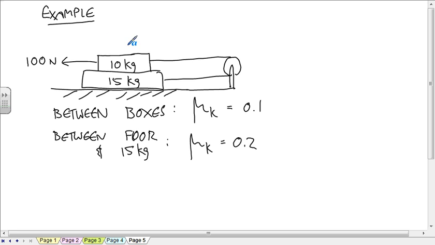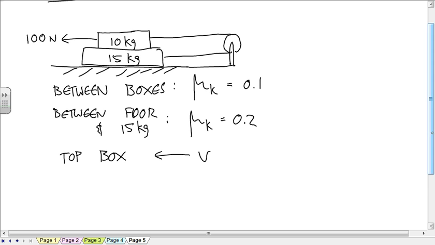And let's say that the top box has a velocity that's going to the left. Okay, so the top box is moving to the left. One thing that you're going to need to do this is recognize the relationship between motions, and this is sort of like what we did and what we're doing in lab this week.